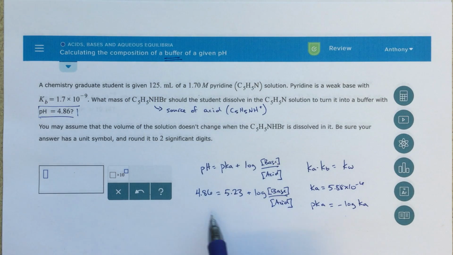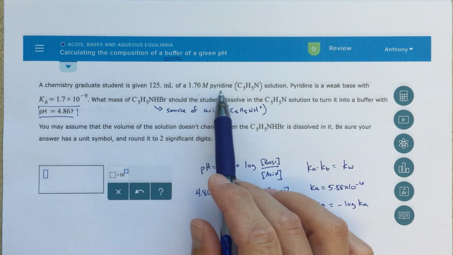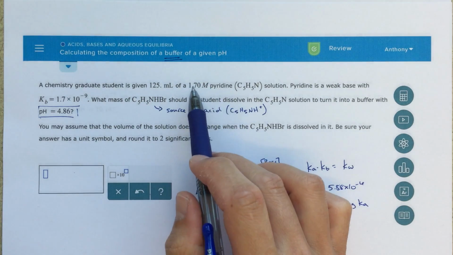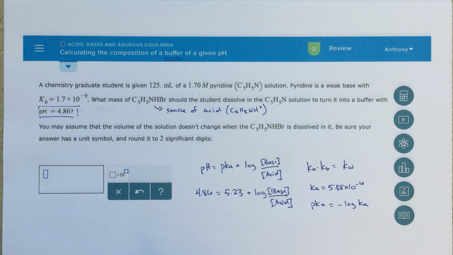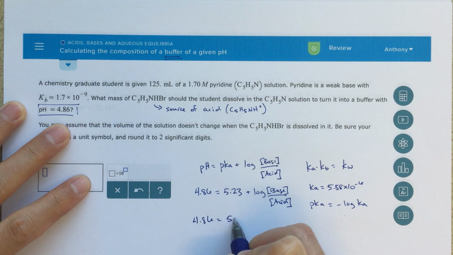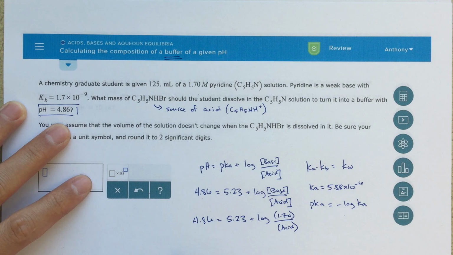So now from this point, I recognize that I am given a molarity of pyridine. I've got 125 milliliters of this molar pyridine, and here I've got my concentrations. So this 1.7 molar is going to be my concentration of base. So I could rewrite this as 4.86 equals 5.23 plus the log of 1.70 over the concentration of acid.